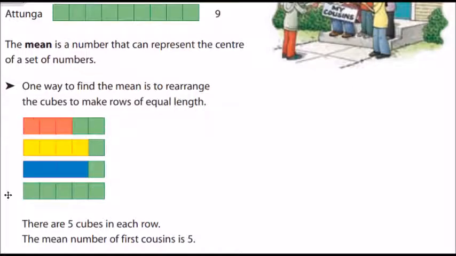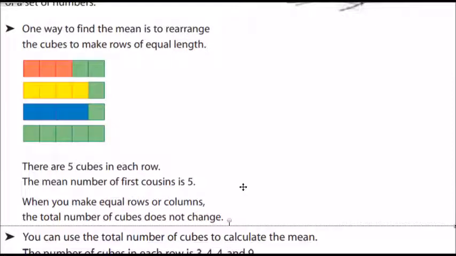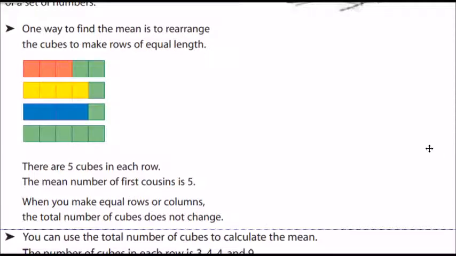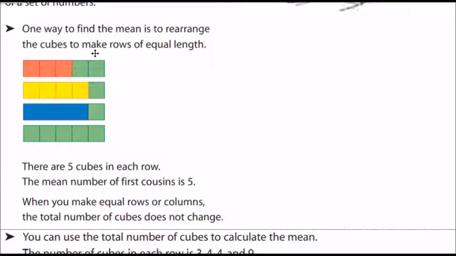You can see I still have the same colors, but we've rearranged Atunga's cousins or tiles to make sure that everybody has an equal number. There are 5 cubes in each row, which means that the number of first cousins, the mean number, is 5. When we make equal rows or columns, the total number of cubes does not actually change. So this is one way to calculate the mean.